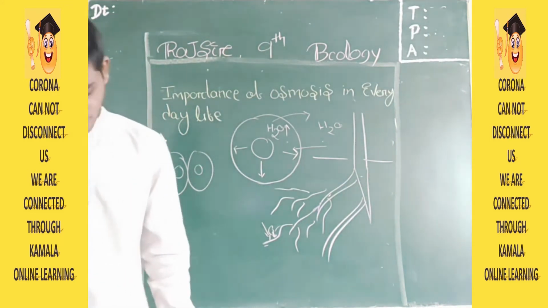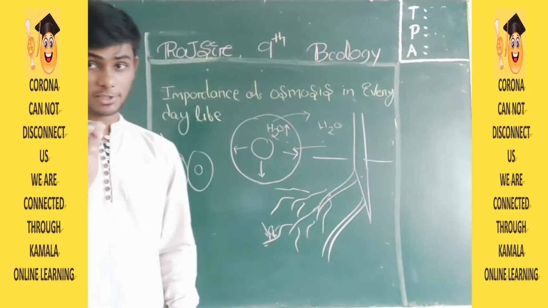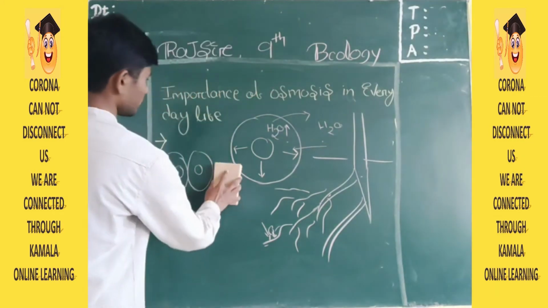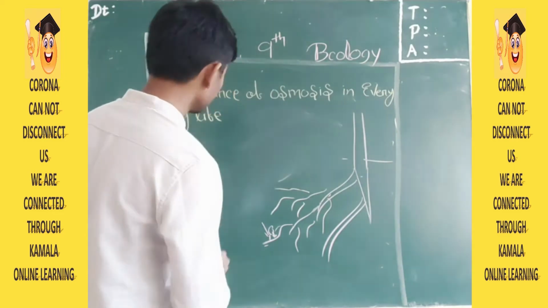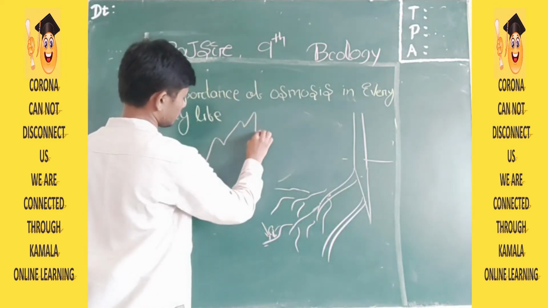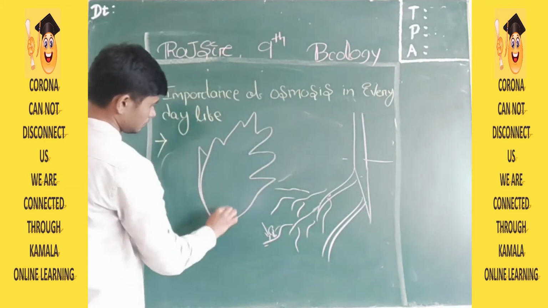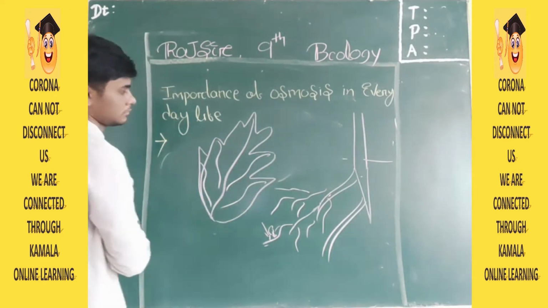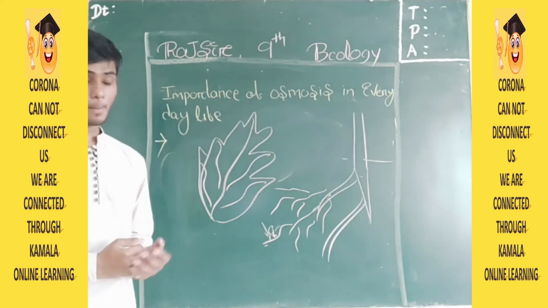Okay. Next, osmosis helps in the opening and closing of stomata. Yes, another important thing. When we speak about a leaf, what exactly happens here?